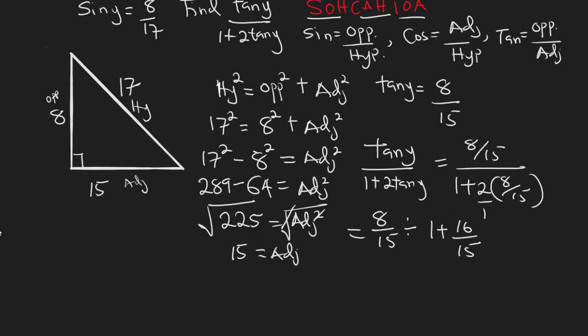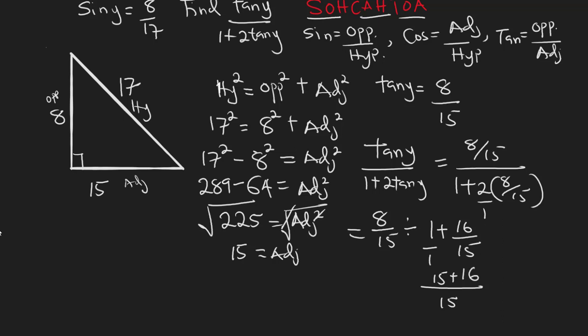Can you see? So the next thing is we're going to take the LCM of the right hand side. So balance this one with 1 and take the LCM. The LCM is going to be 15, right? So 15 divided by 1 is 15. 15 times 1 is 15, right? So we're going to have 15 here, plus 15 divided by 15 is 1, and 1 times 16 is 16, right?